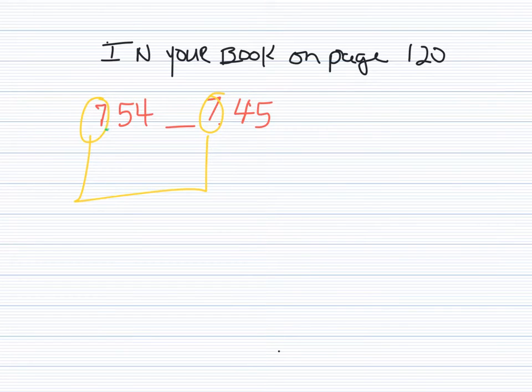Our decimals would be right there. It's not showing it very good. Let's look at the 5 and a 4. Well, right there we have a difference. We know that 5 is greater than the 4. So we can already tell without going any further that 7.54 is greater than 7.45.